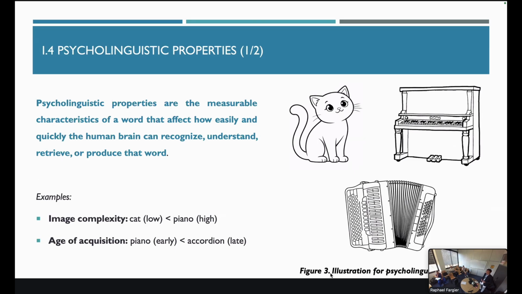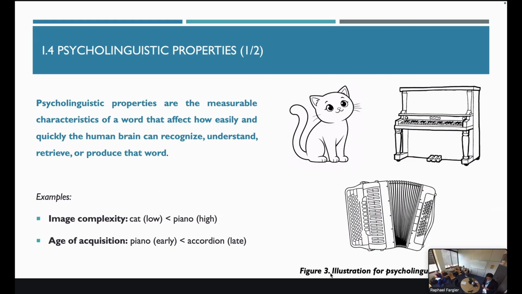When our brain perceives and processes the information of an object, not only the visual information is processed, but also the psycholinguistic properties of that object. Psycholinguistic properties are simply the characteristics of a word that affect how easily our brain can recognize, understand, retrieve, or produce that word.